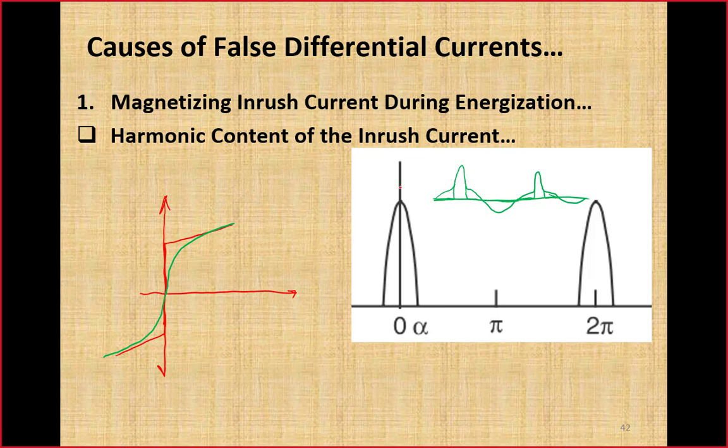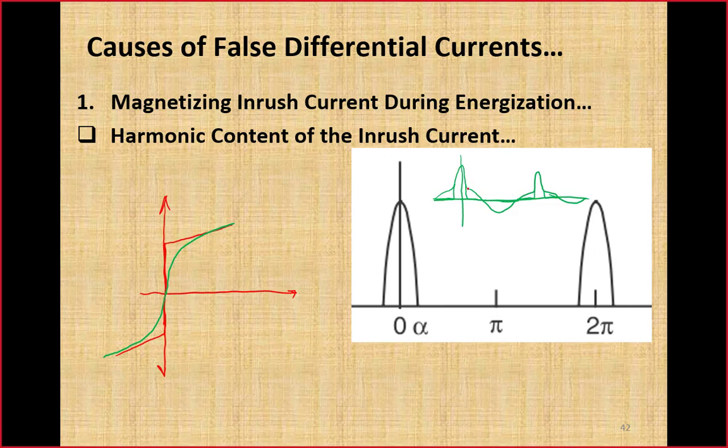Further, we have assumed the angle axis and the magnitude axis in such a way that our origin is centered at the peak point like this. This will make our current an even function. That will help us to perform the Fourier analysis. So we have made these assumptions.